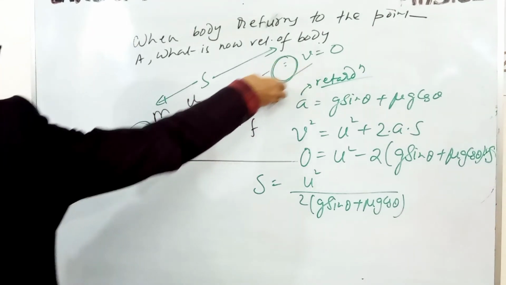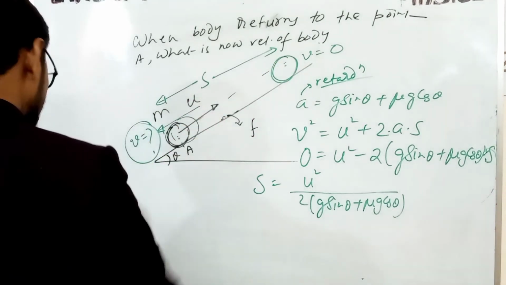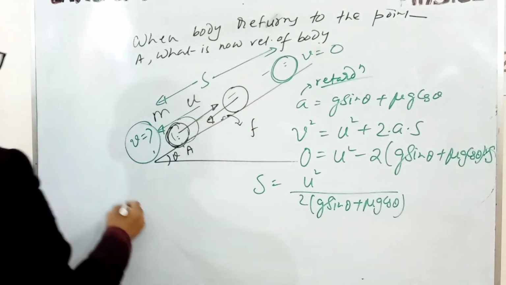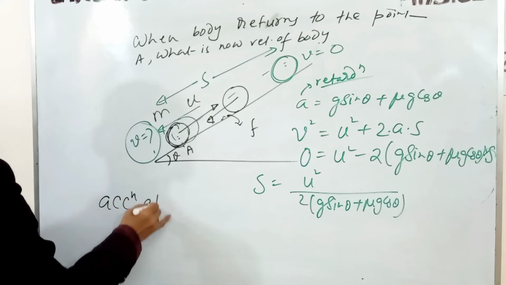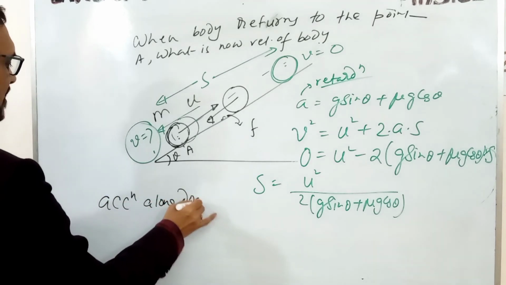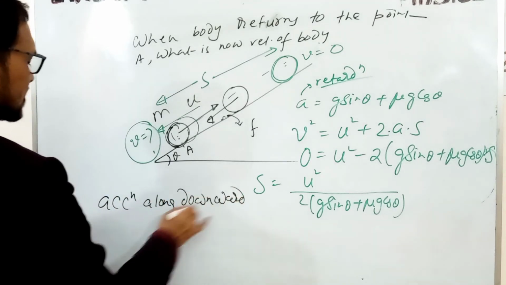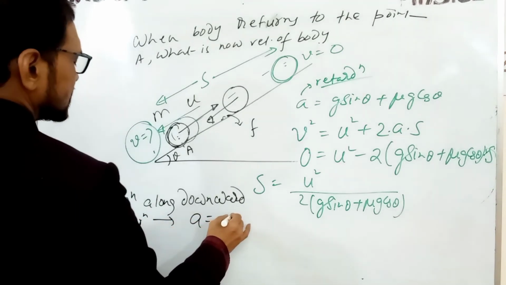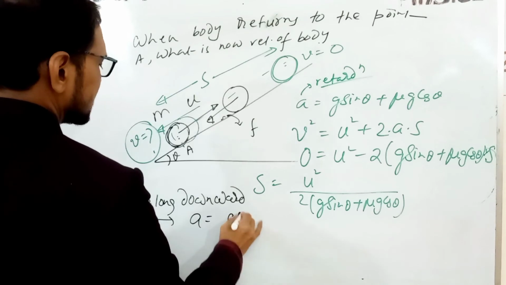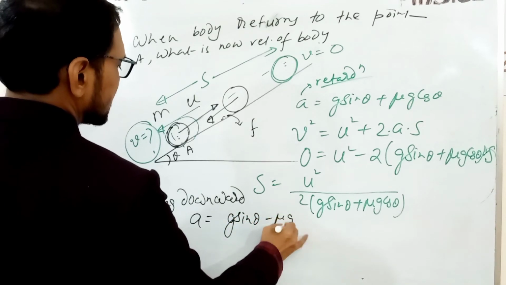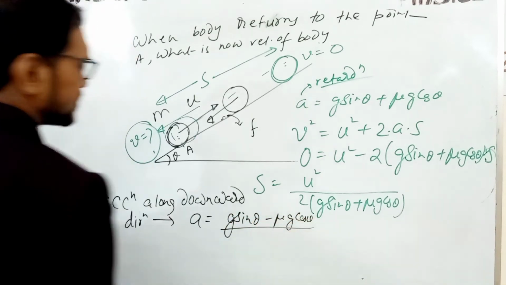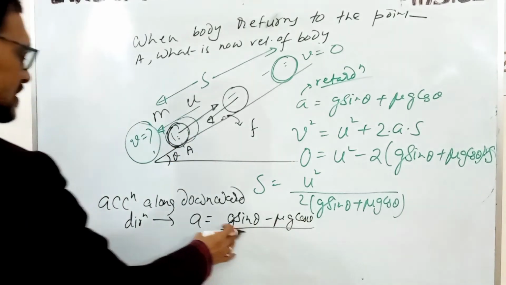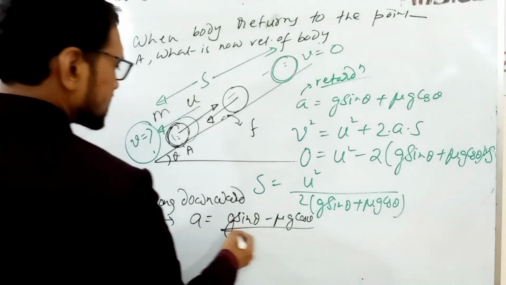Now when the body returns back, what is the acceleration? When the body returns back, it moves in this direction. Now the acceleration along the downward direction is a equals g sin theta minus mu g cos theta. I have derived this previously: the acceleration along the downward direction is this.